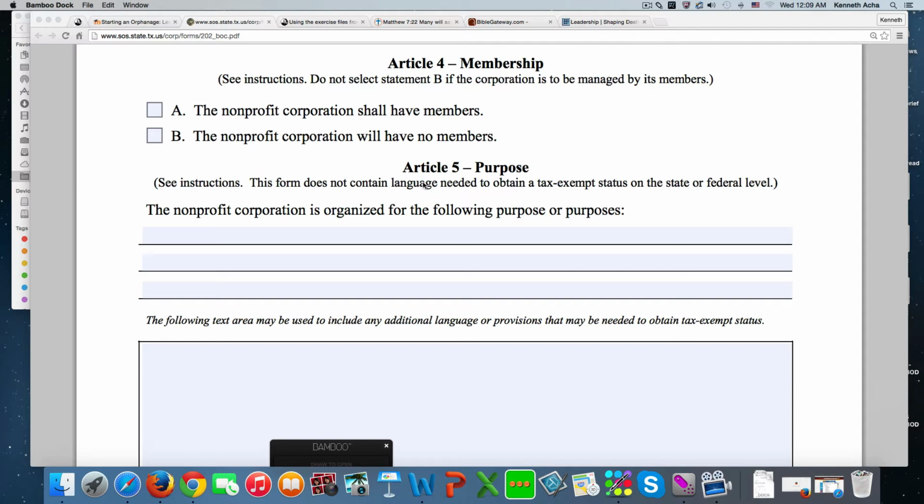I also filled out the application for tax exemption by myself, but it was tedious. The whole process from beginning to end could take over a year. So I don't encourage you to do what I did. If I'm starting a new nonprofit today, I'm not going to file for the tax exemption myself.